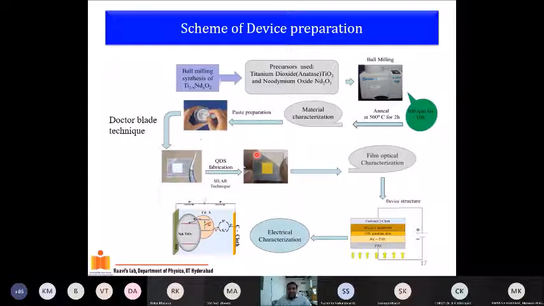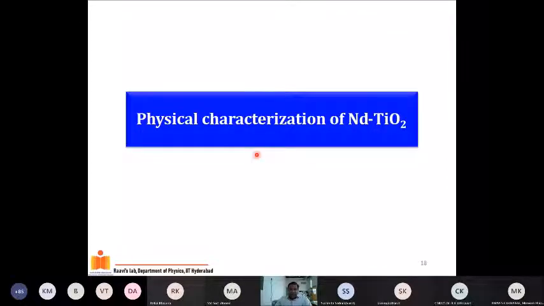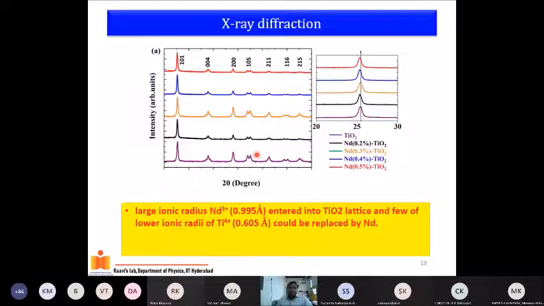The first thing is we understand how to use various physical characterization techniques with respect to Nd-TiO2, and these techniques are universal for any material system we cover. First is X-ray diffraction.